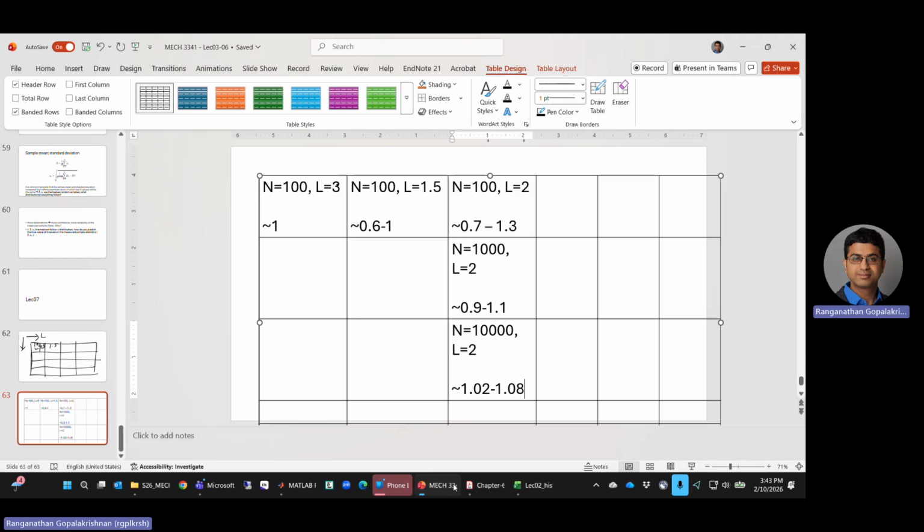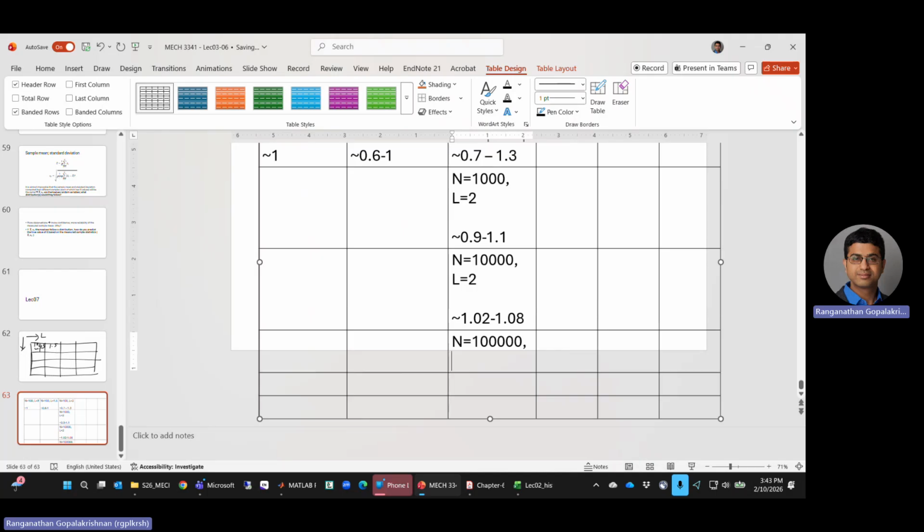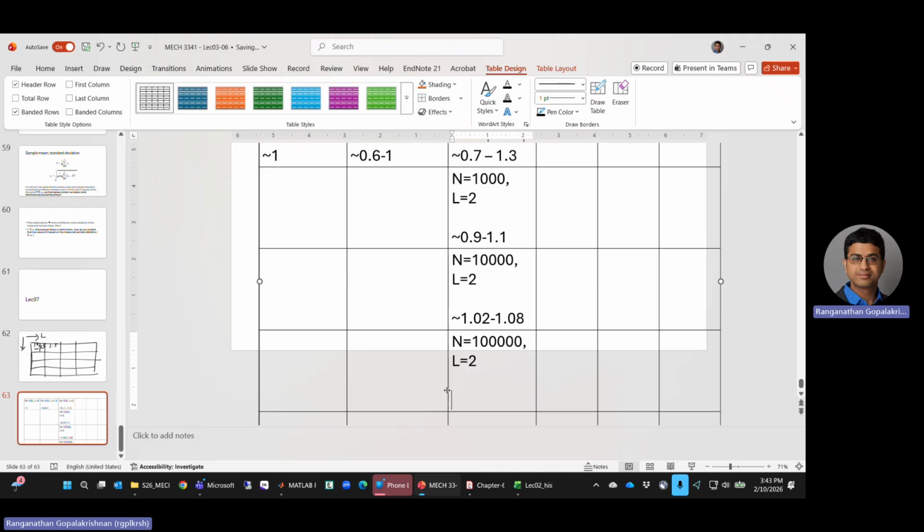This is the key point. Those who are writing, please take a moment, look up, listen. As you increase the number of trials, the range of the spread gets narrower. Let's do 100,000. Okay, let's do the next step. N equals 100,000 trials and L equals 2. You run your code and tell me what happens.